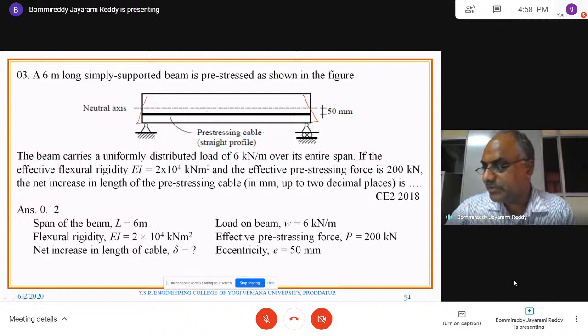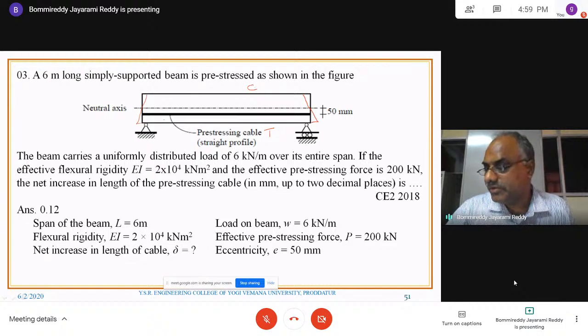Because of the tension at the bottom and compression at the top after the application of the load, the bottom 6 meters is extending to 6 point something. The span is 6 meters. The 6 meters is extending to something at the bottom, whereas at the top, the length is reduced. The length is less than 6 meters, a small amount less than 6 meters.